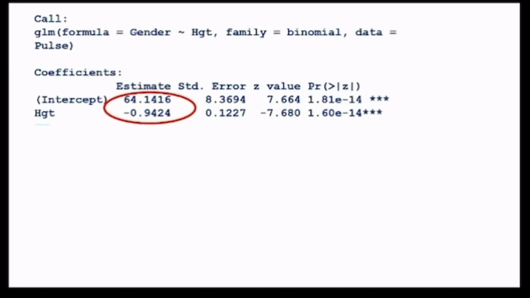Please take notes. We don't just call them estimates, we call them log odds estimates. They are not just estimates, they are log odds estimates.